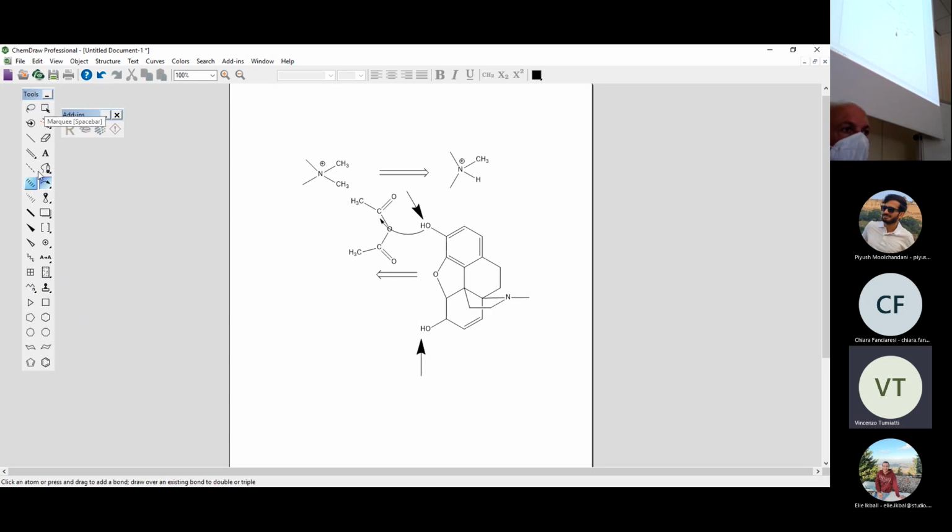So we need two molecules of anhydride to have the esterification of the two OH groups. So the final product is this one.